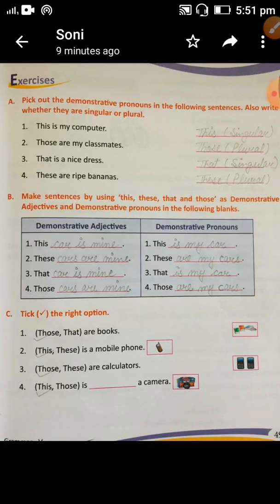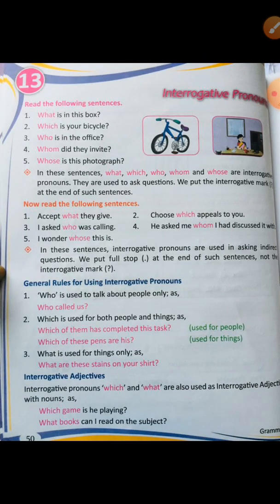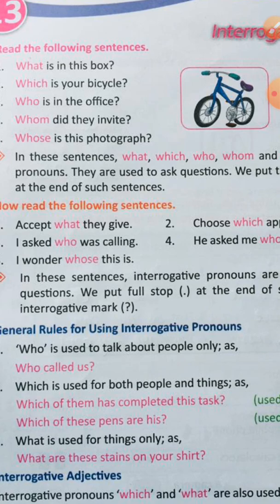Now come to chapter number 13. Your chapter number 13 is interrogative pronoun. Interrogative, you all are aware, is when we put a WH question and we put a question mark at the end. So these are called interrogative pronouns.